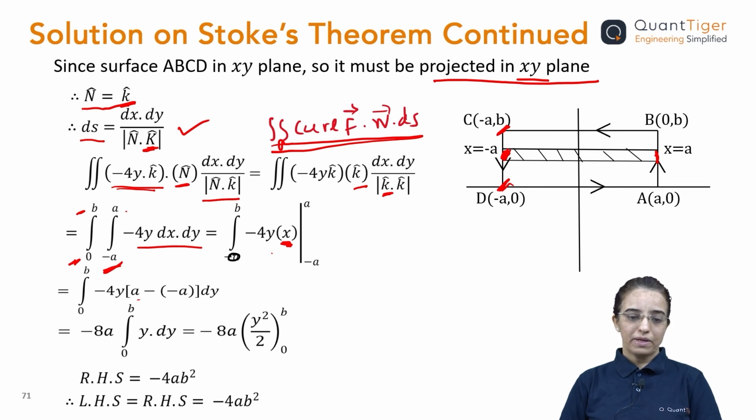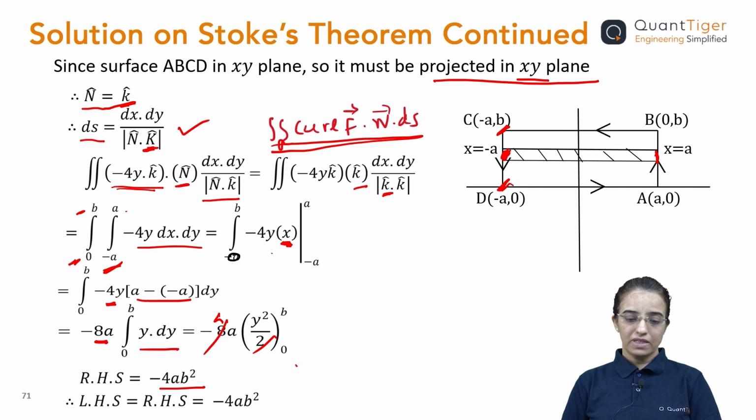Now with respect to y again I will be taking integration. So this will give you 2a. Taking the 2 outside, 4 into 2 becomes 8a. Integration of y is y square by 2. If I cancel this, it will be minus 4a y square. Putting in the upper limit, it will be minus 4a b square, which I have written over here.